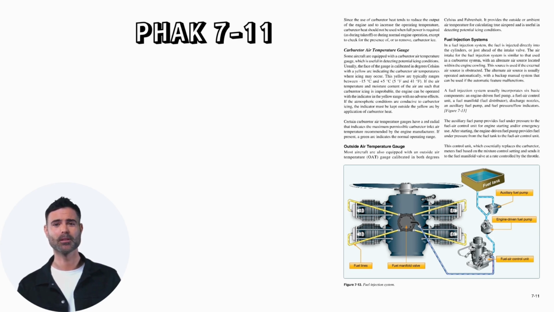Carburetor air temperature gauge. Some aircraft are equipped with a carburetor air temperature gauge, which is useful in detecting potential icing conditions. Usually, the face of the gauge is calibrated in degrees Celsius, with a yellow arc indicating the carburetor air temperatures where icing may occur.